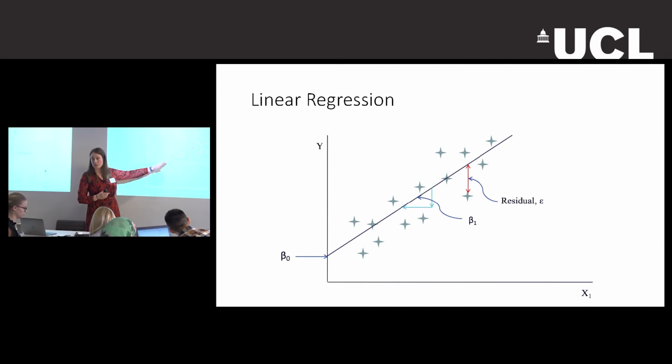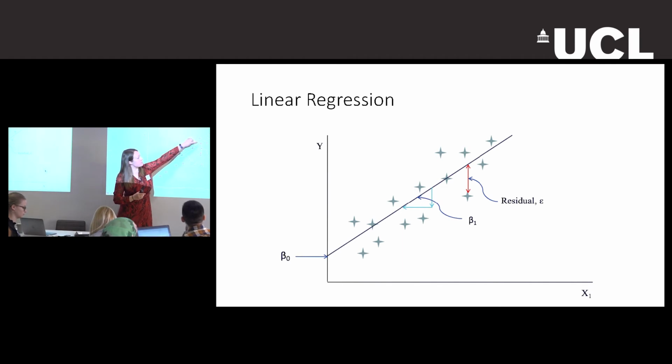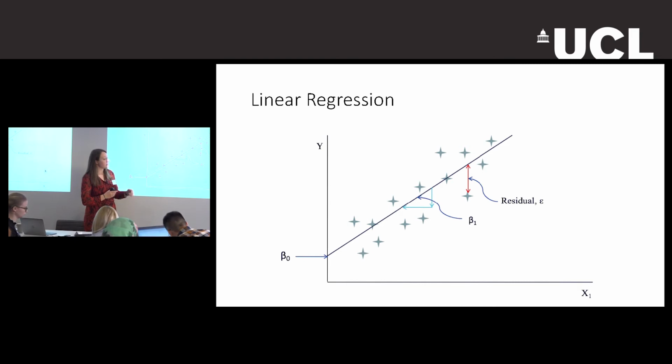Beta 1 is how steep this line is. It can be negative, so it can be in this direction as well. Your error is the distance between the regression line and each of these points. And as I said, the null hypothesis is when your slope is 0, a completely horizontal line. What that means is that y doesn't change whatever value of x. That's the null hypothesis that you're testing.